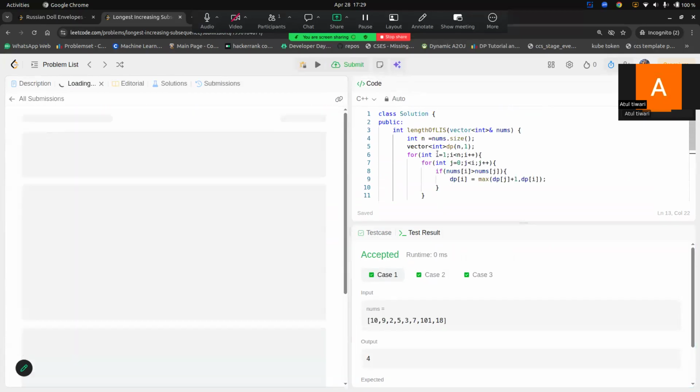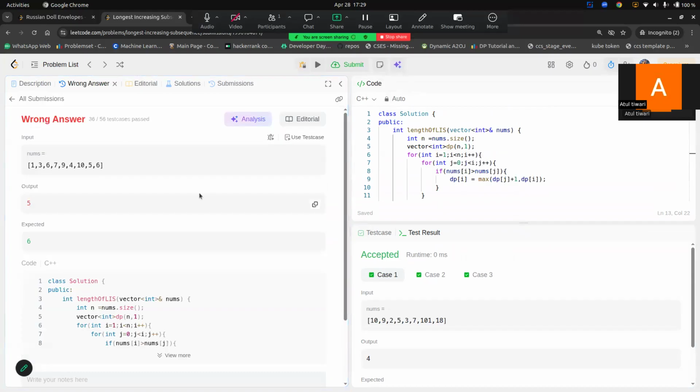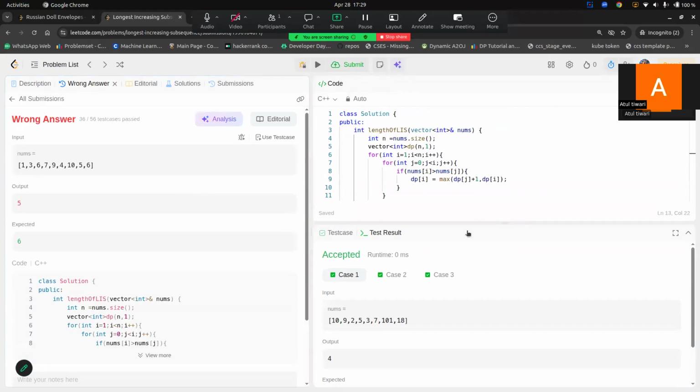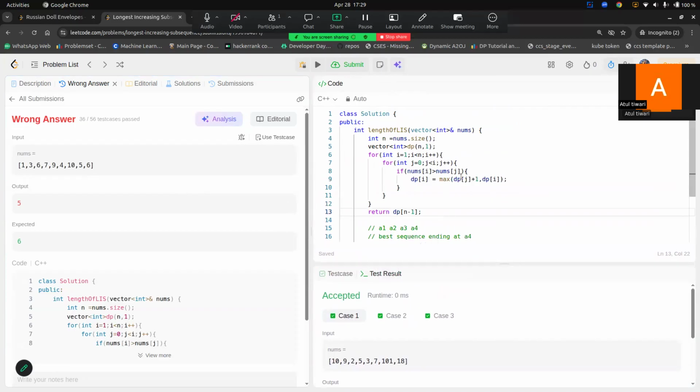If nums[i] is greater than nums[j], equal also, then it also, right now, because it is strictly increasing.